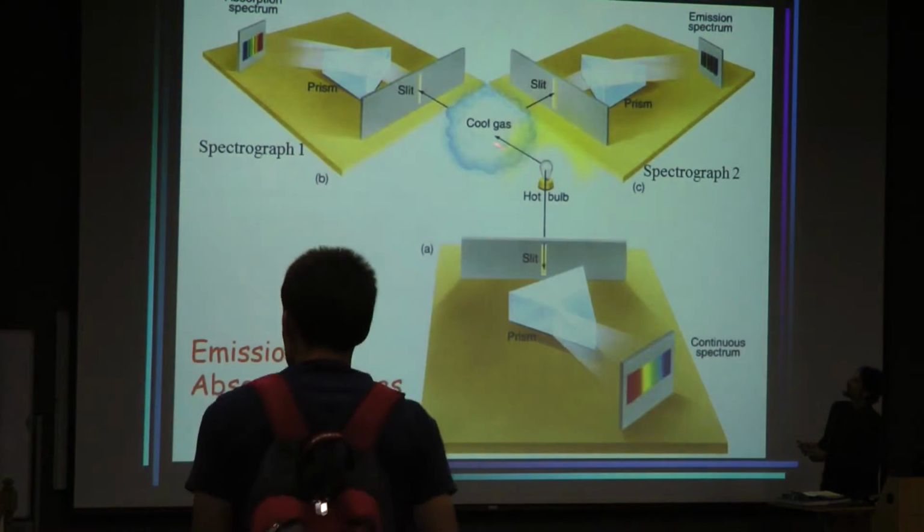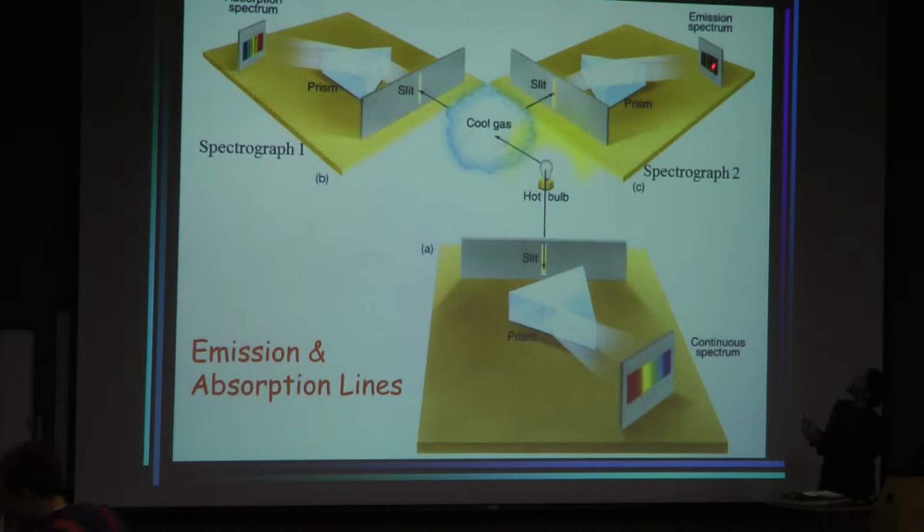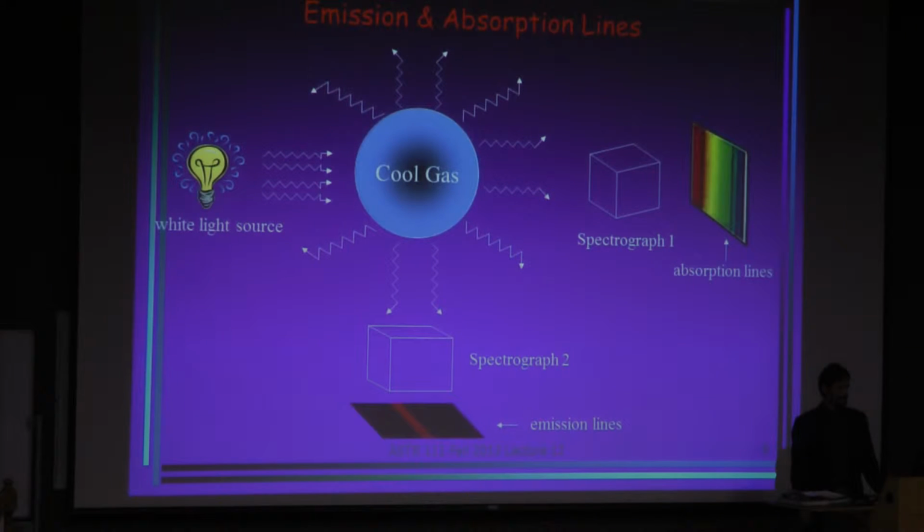We see that if we back-illuminate cool gas, we get absorption lines. If we view the cool gas from the side, we see an emission spectrum because the only photons that pass through this slit are just a tiny fraction of the de-excitation photons. It's only a tiny fraction, but that's all the photons that go through the slit. So you actually do see an emission spectrum.